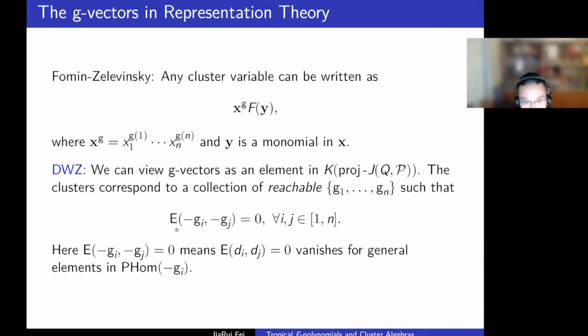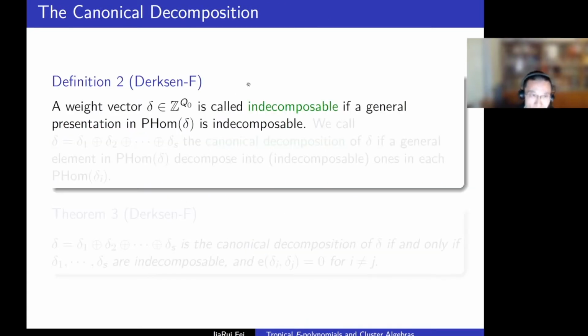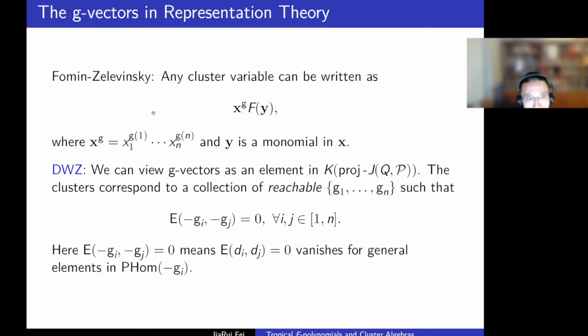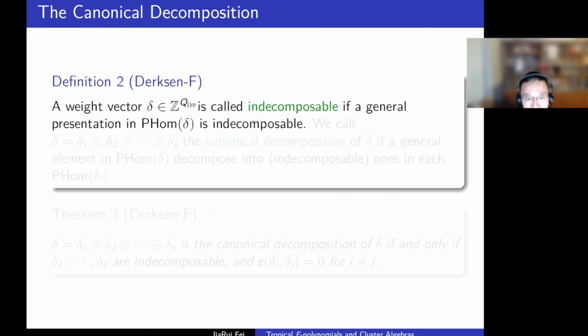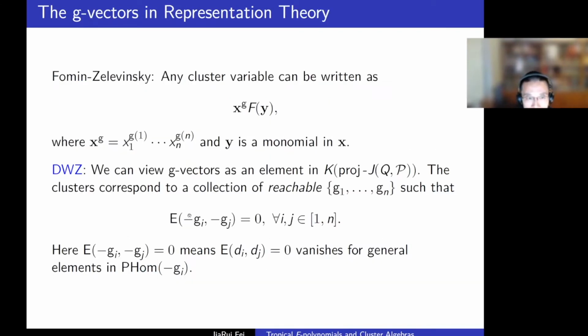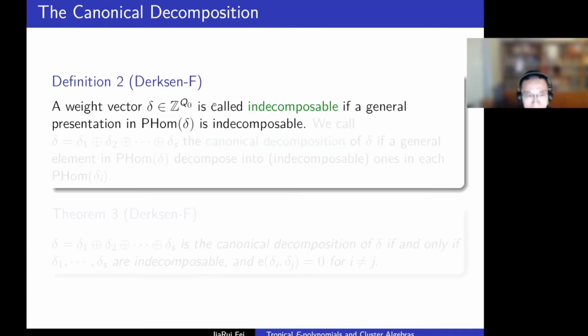You may wonder what's the representation theoretical meaning for the vanishing of those E's. So here's the answer. We call a weight vector delta. Here I used g, but here I use delta. They both denote a weight vector, but the difference is that usually you can think the delta vector is the negative of the g-vector, so they differ by a negative sign. A weight vector delta is called indecomposable if the general representation in the presentation space is an indecomposable object.